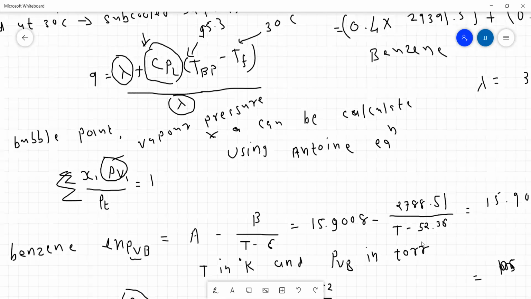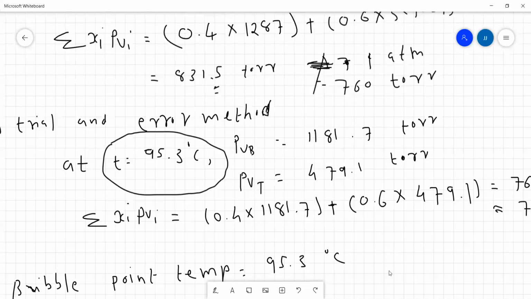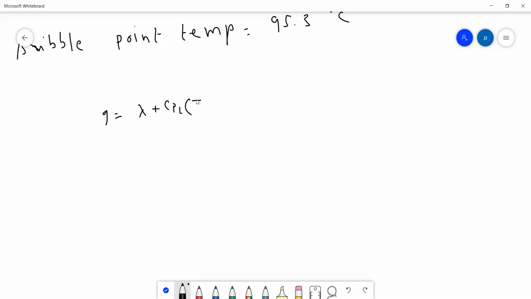So now q becomes, q is equal to lambda plus CPL, bubble point temperature minus temperature of feed, divided by lambda.